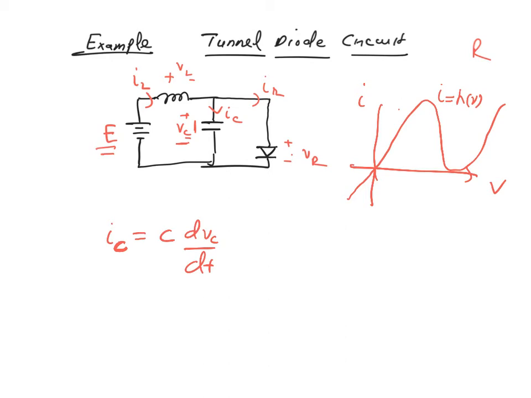And similarly, the voltage across the inductor coil, VL, can be found by L dIL by dt. L and C are the parameters of the inductor and capacitor, and they have units.